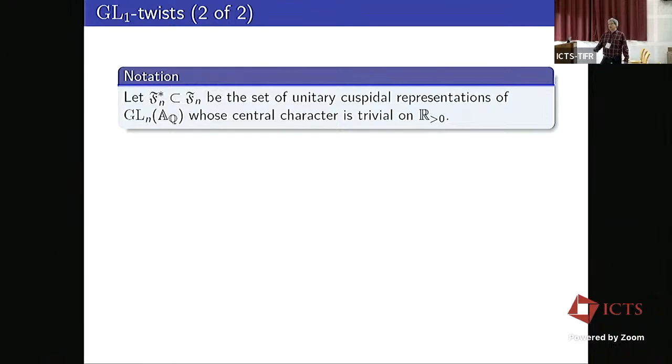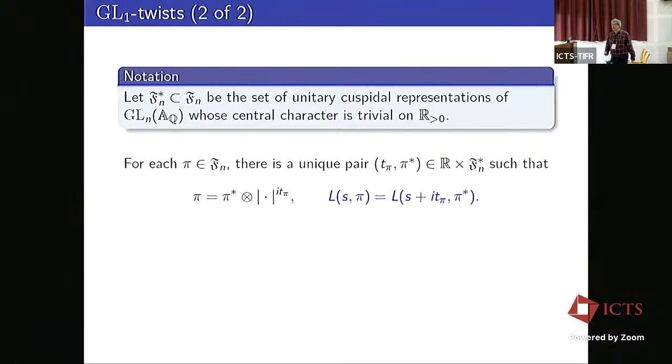Sometimes I will use this notation F_n star, either for normalization purposes or just for stating all the results and having a good understanding of them. So here is the normalization. Every element pi in F_n, every unitary cuspidal automorphic representation of GL_n, can be twisted by a determinant character in such a way that the resulting pi star will lie in the F_n star family.